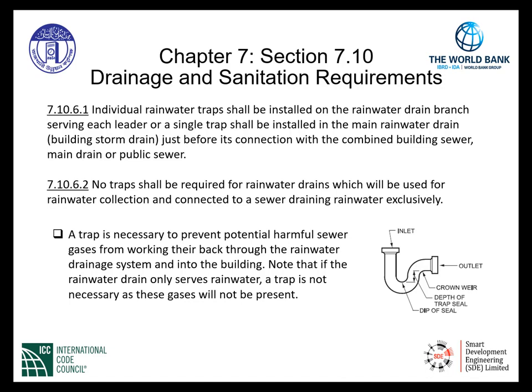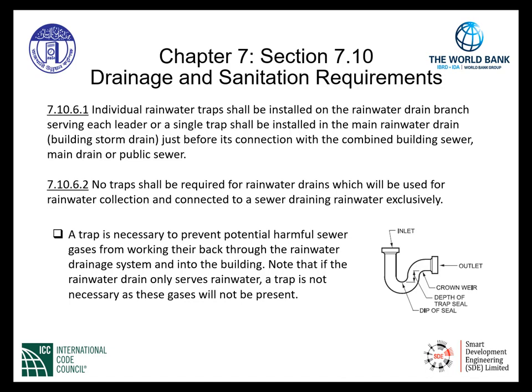The first section, 6.1, indicated where we have a connection with a combined building sewer, main drain, or public sewer is where we need the trap. In this case, we need a water seal to prevent any harmful sewer gases from migrating back into the building. A trap is necessary to prevent potential harmful sewer gases from working their way back through the rainwater drainage system into the building.